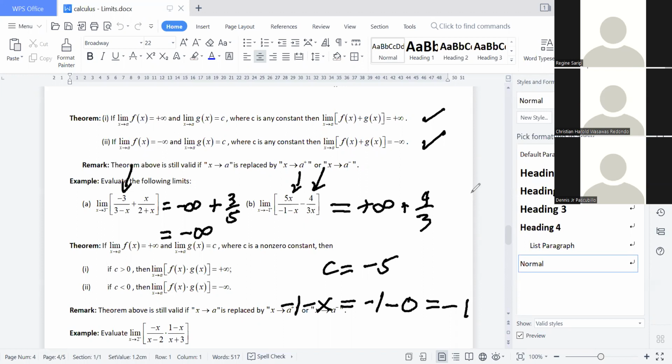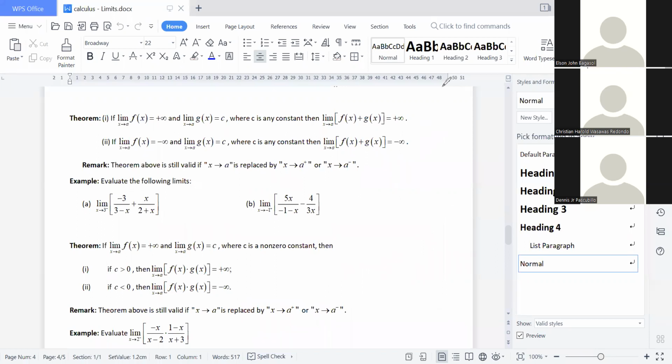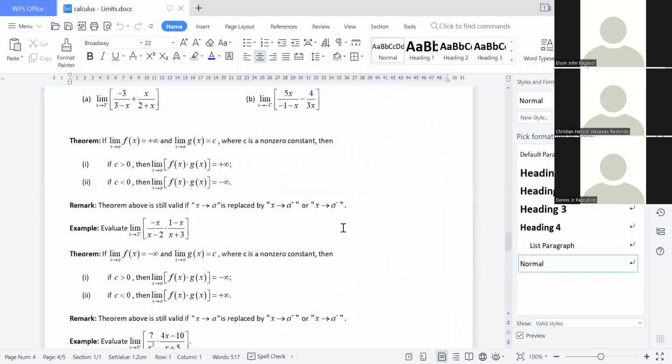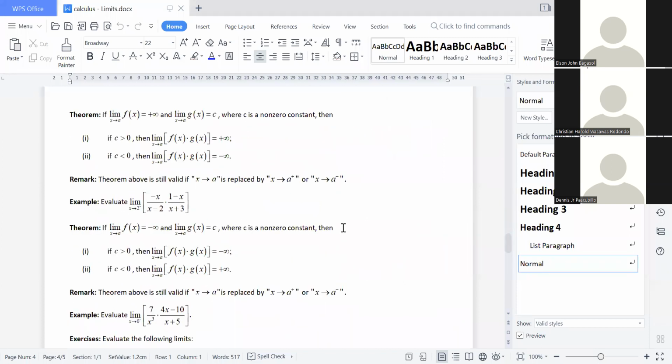Agree? Anyway, it will not matter whether it is positive or negative, since it will be absorbed by this. So your answer should be positive infinity. Right? Clear? Yes, sir. Good. Let us proceed. Any questions so far before we proceed to the next theorem?